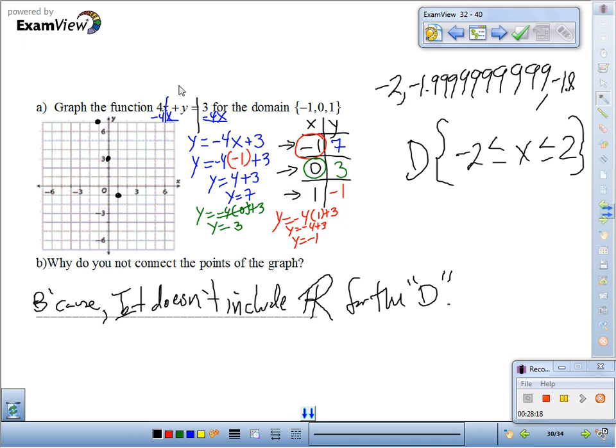If they tell us graph the function and they don't give us a domain, so therefore we use what? All real numbers, right? So we can use negative 2, negative 1, 0, 1, 2, connect them, and with the arrows that indicate that it keeps going for all real numbers. Okay, let's move on. Let's go to number 31.